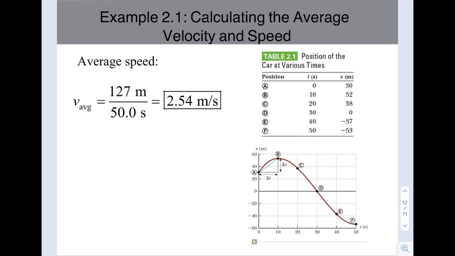Now average speed: instead of using change in position or displacement, for speed we are going to use distance traveled. So the distance traveled will be 127 over the time taken, 50. So now the value is 2.54 meters per second.